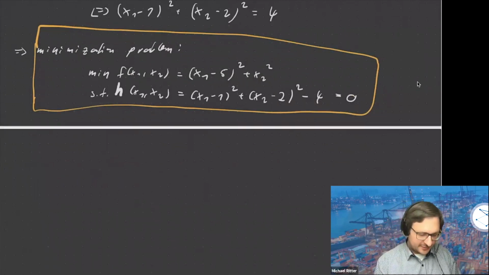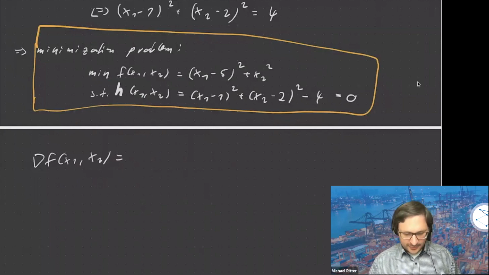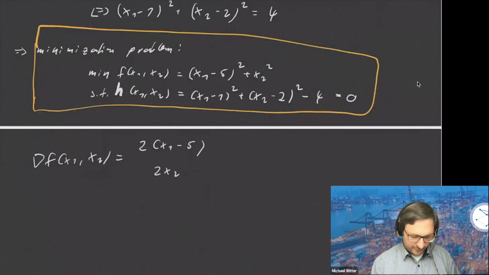So let's go on to compute the gradient of the objective function. The gradient of f at x1 and x2 shouldn't be too hard. Differentiating with respect to x1 will give us 2x1 minus 5, and 2x2 for the x2 part. That's the gradient of f.